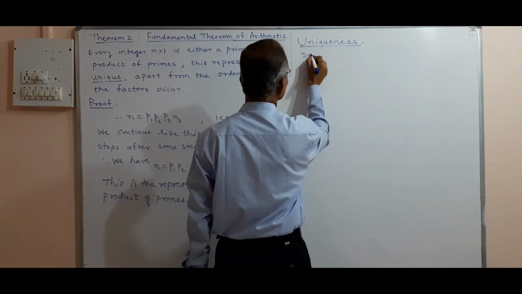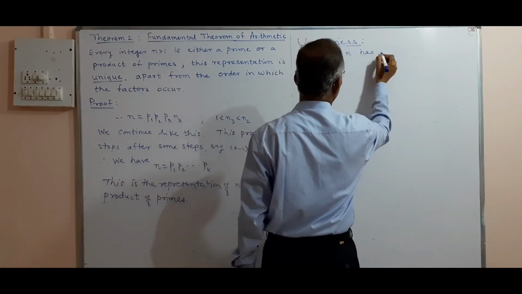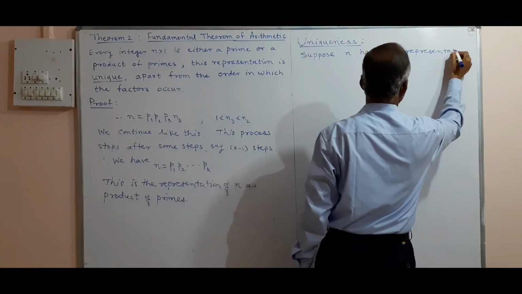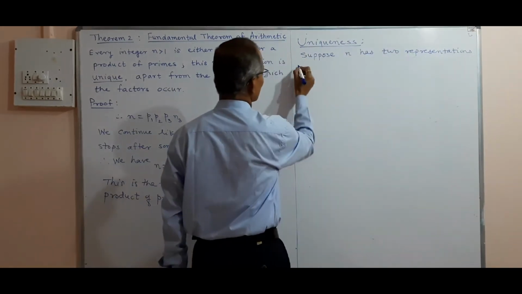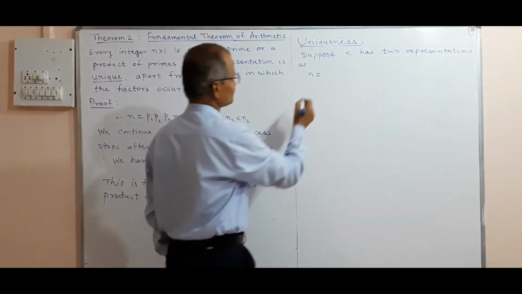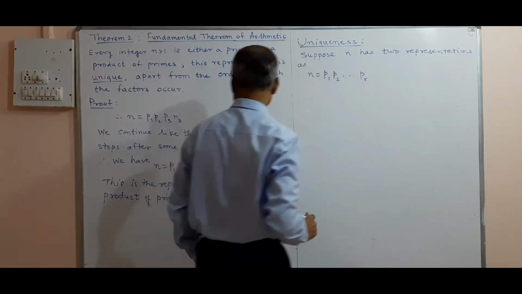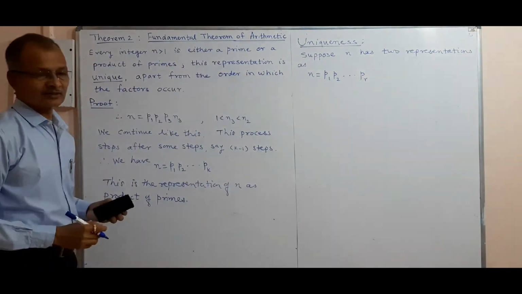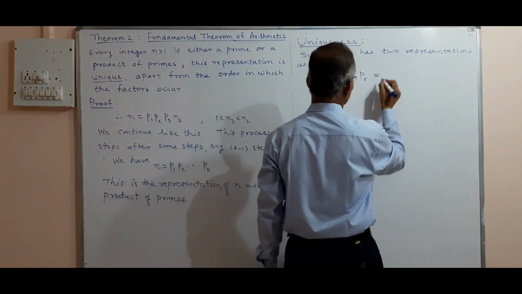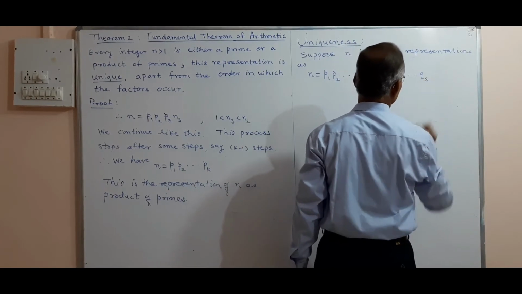Suppose n is equal to p1, p2 up to, say, pr. Here we are considering pr, some factors, and again this can be expressed in other primes q1, q2 and so on up to qs.